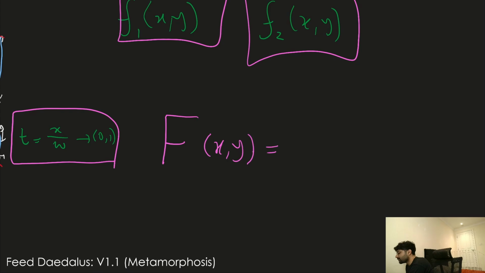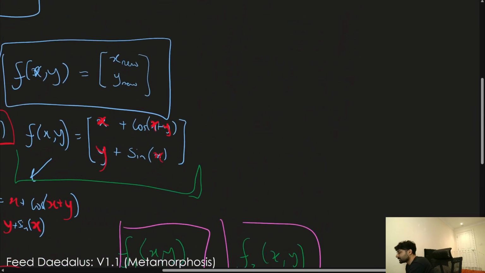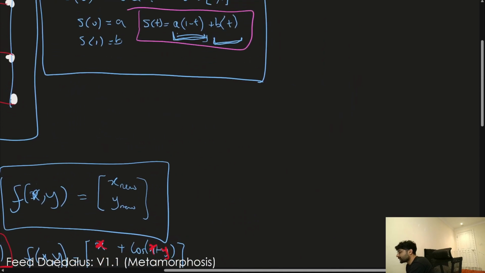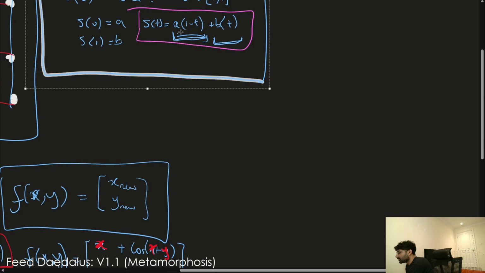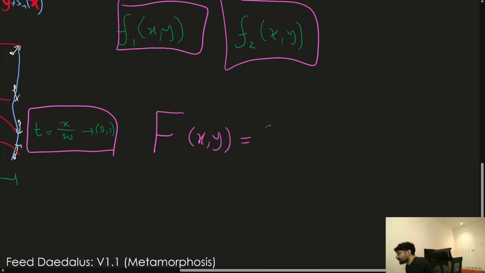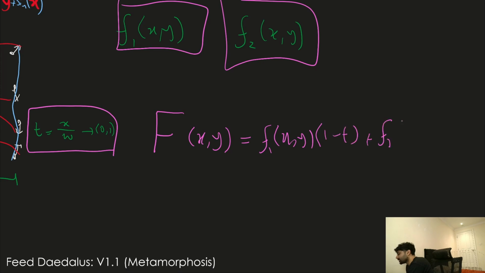If we look at the linear interpolation formula, a times 1 minus t plus b times t, we know it's going to equal f1 of x, y times 1 minus t plus f2 of x, y times t.